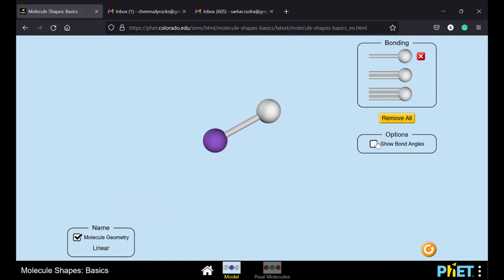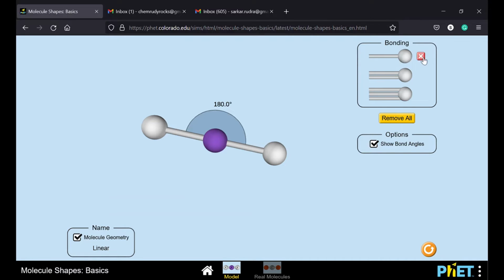Now, if you add another bond to it, I am calling this central atom Be, and the periphery atoms, which are these white atoms over here, Cl. So this is basically BeCl2, and if you want to check what is the bond angle, as you can see over here, it is 180.